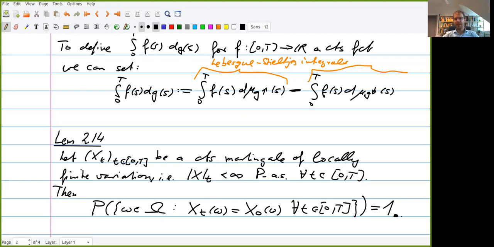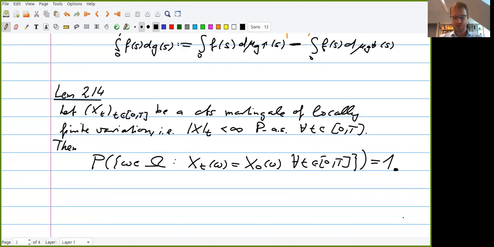So any continuous martingale of finite variation is constantly equal to the initial value. So it's a constant martingale. You're invited to prove this yourself on the problem sheet.